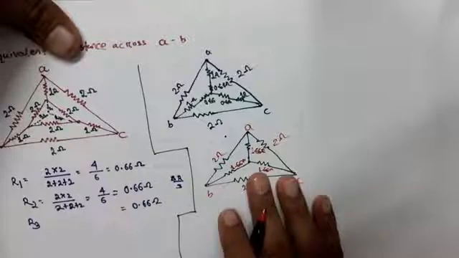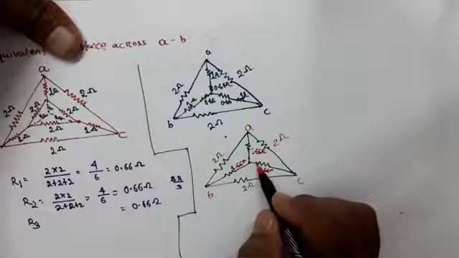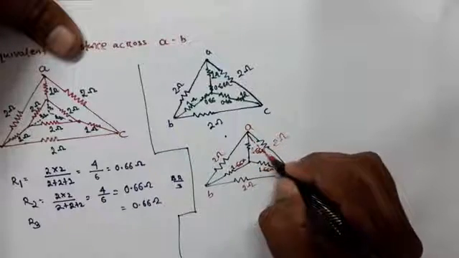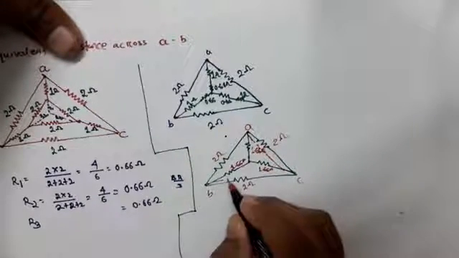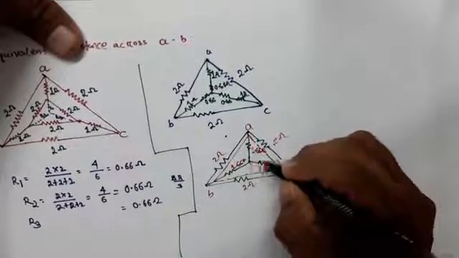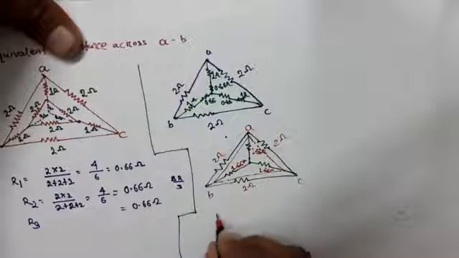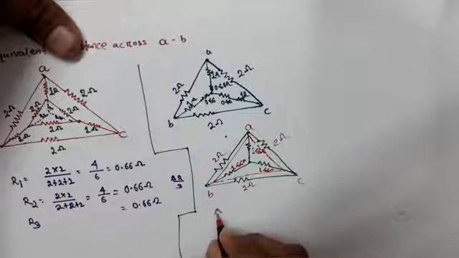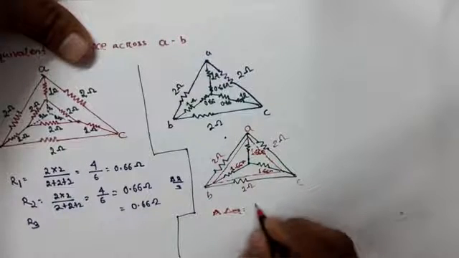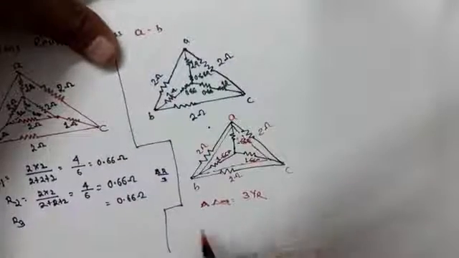Here we see again a delta network and a star network. If we convert this star to delta, it can be modified like that. Here also the same condition, all the stars are the same, so we can directly use the formula: delta equivalent equals 3 into star R. Or you can use the formula directly.